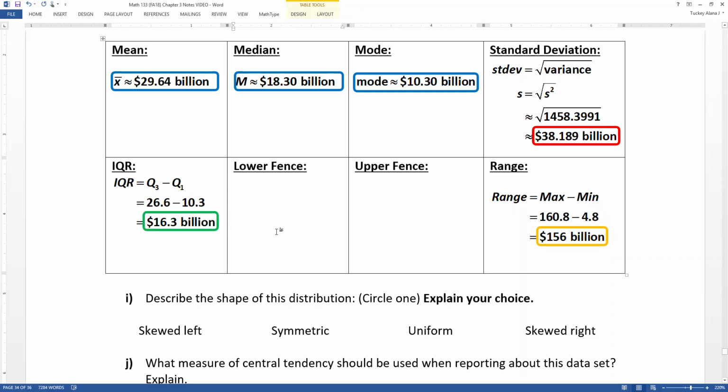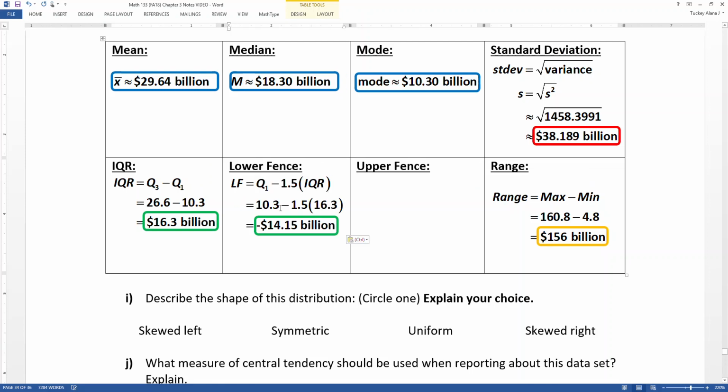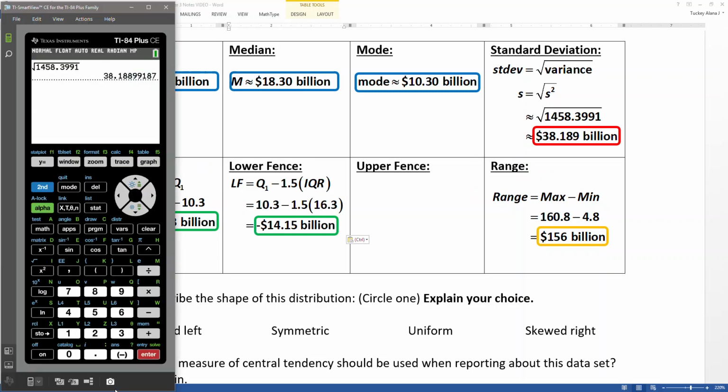Now the lower fence, we learned that formula in section 3.4. That is Q1 minus 1.5 IQR, which is 10.3 take away 1.5 times 16.3. Now, a lot of students do this incorrectly, so let me just type this real quick. 10.3 take away 1.5 times 16.3.